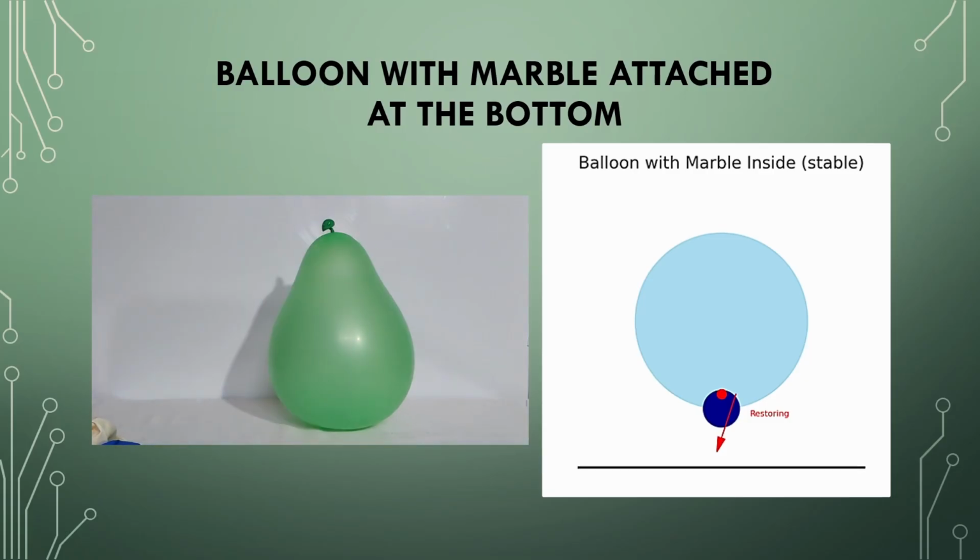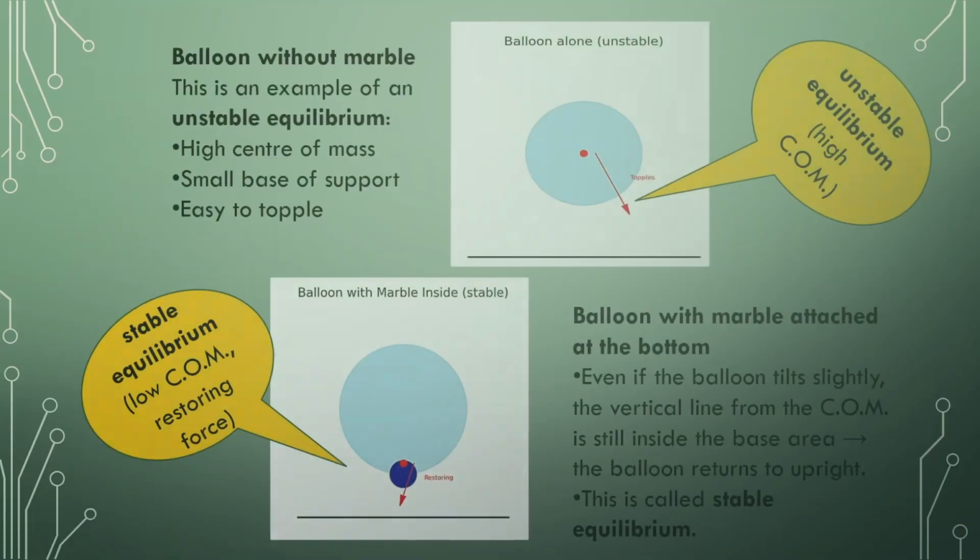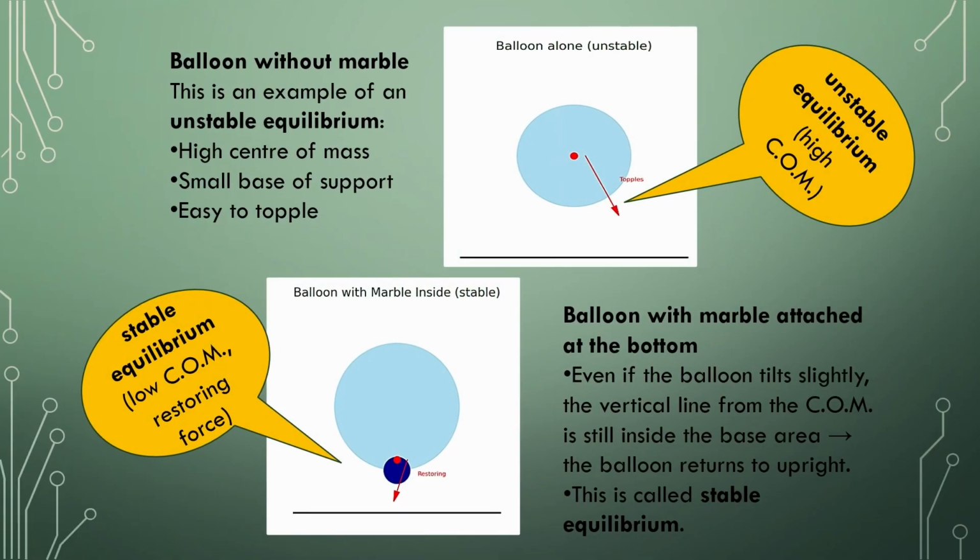So what can we conclude from this experiment? The balloon without a marble is an example of unstable equilibrium. Why is it happening? Because it has a very high center of mass and a very small base support area, so it is easily toppling over.